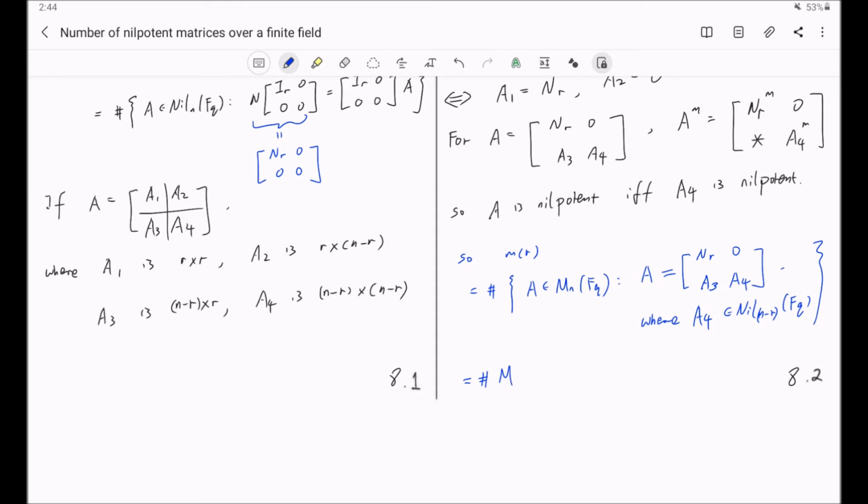Because A sub 3 has full freedom of choices, this will be equal to the number of n minus R by R matrices over F_q. How about A4? The number of choices for A4 will be just the number of nilpotent matrices of size n minus R by n minus R.